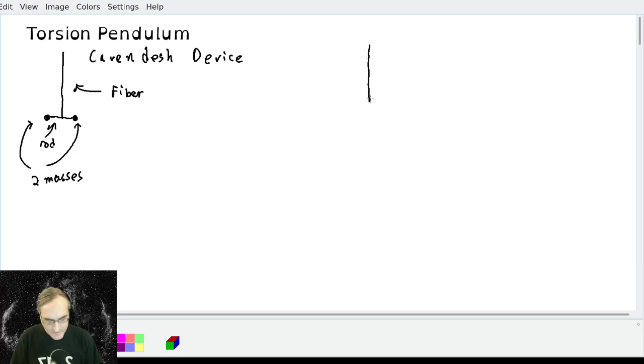If you took this and forcibly rotated it a little bit, the amount of torque required to twist it follows a simple rule. It turns out the rule it follows is kappa times theta. Actually, it's minus kappa times theta, my bad.